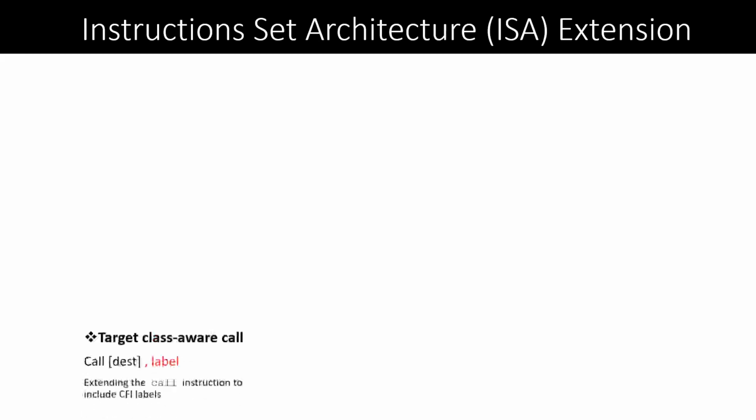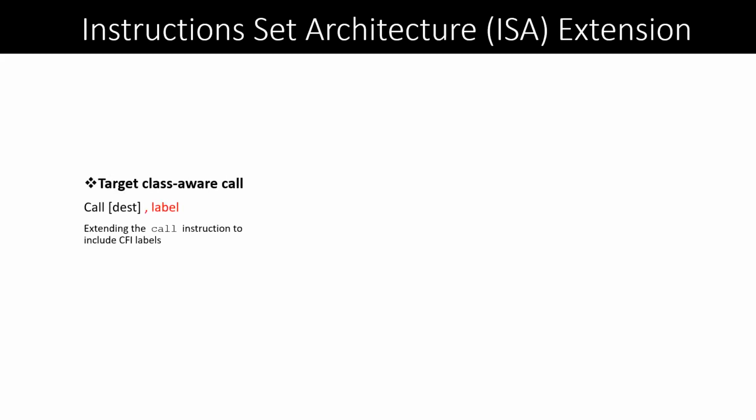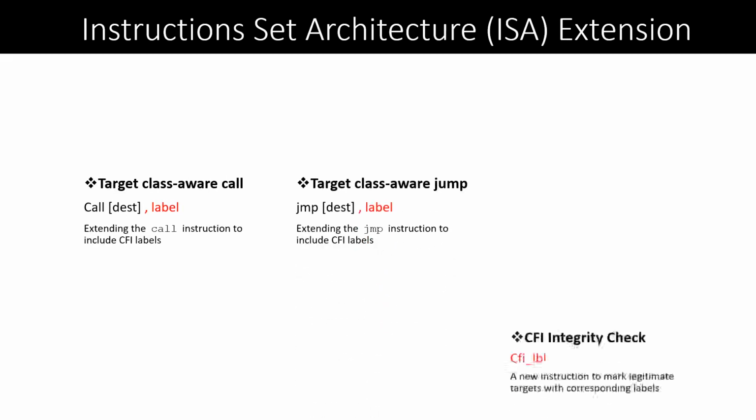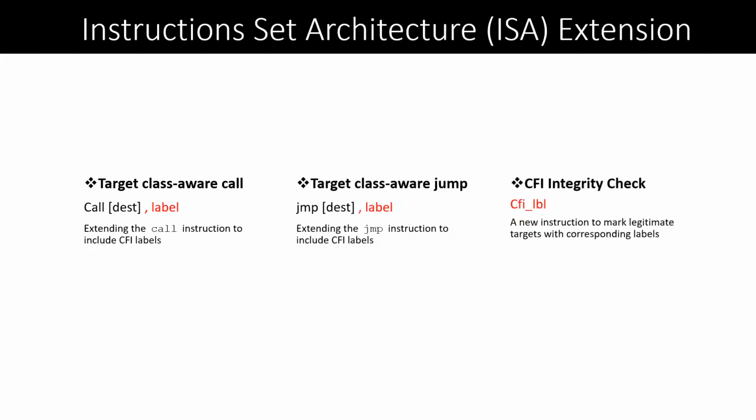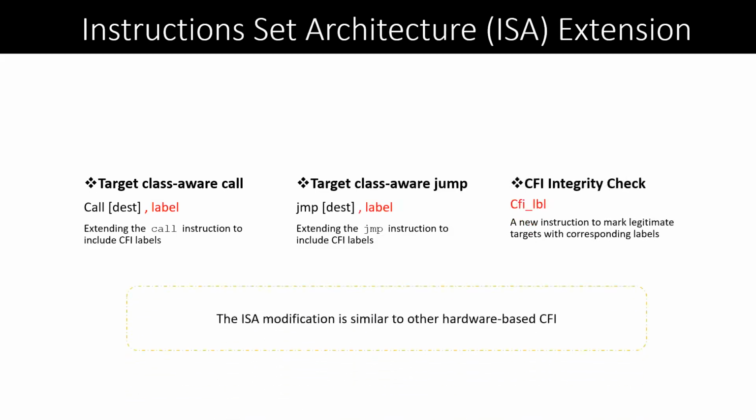So basically, we need to include the CFI label in the indirect call and jump instruction. Also, we need a new instruction to mark the valid target for each indirect branch. I should also mention that Intel and ARM already have a very similar extension for regular hardware CFI. The CFG computation is also similar to other CFI approaches.